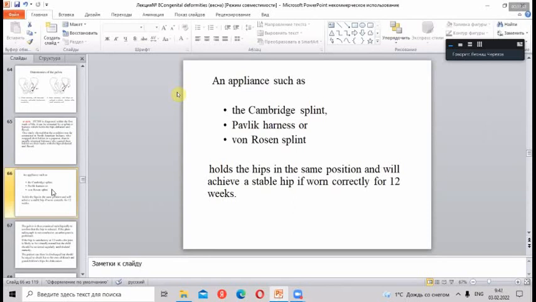Splints such as the Cambridge splint, Pavlik harness, or von Rosen splint hold the hips in the same position and will achieve a stable hip if worn correctly for 12 weeks.